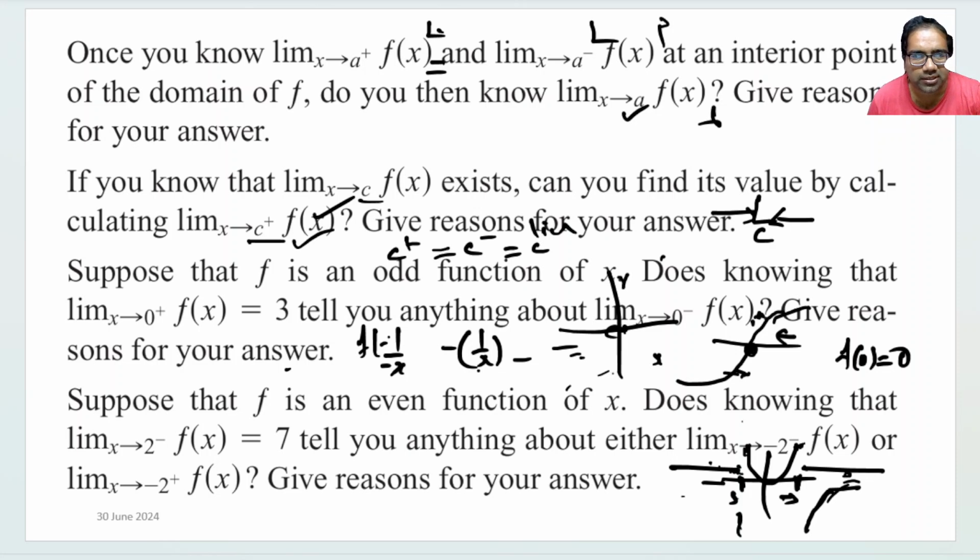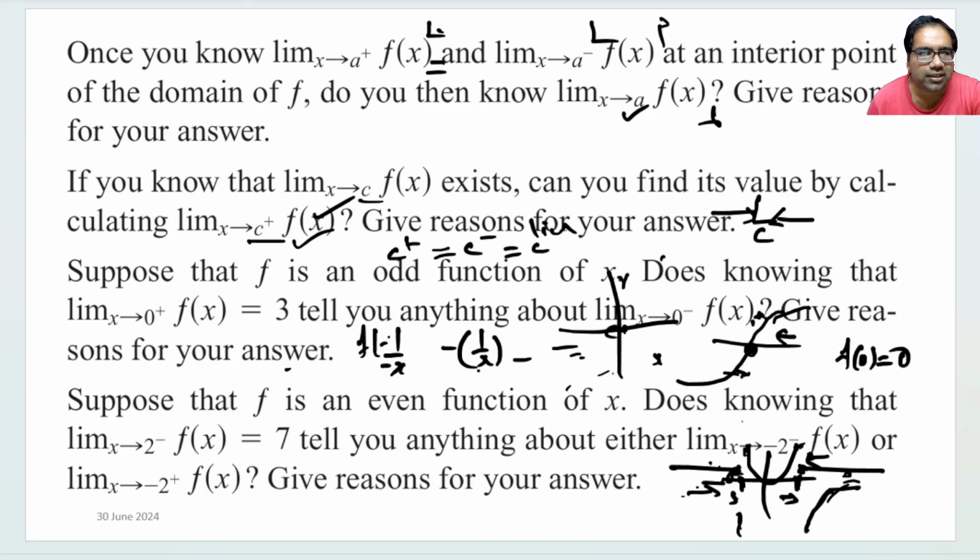Then as you are approaching from the left hand side of minus 2, this value can be 2, this value can be 4 or whatsoever. So it depends on what this point is when you are approaching from the right hand side, not from the left hand side.